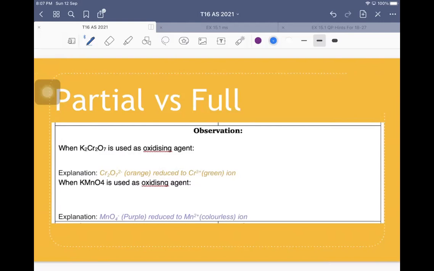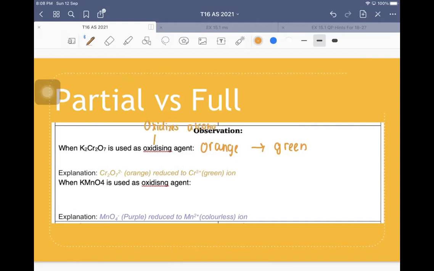For acidified potassium dichromate, you would first see orange color turning into green. If you see this color change from orange to green, that means alcohol has been oxidized. So the oxidizing agent oxidizes alcohol.